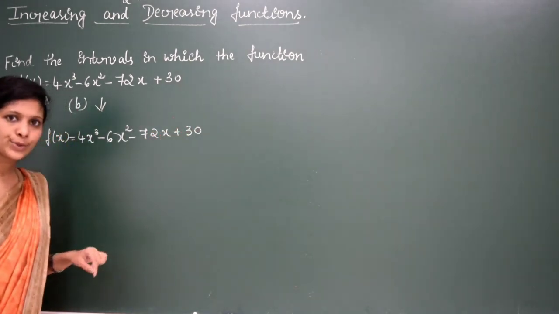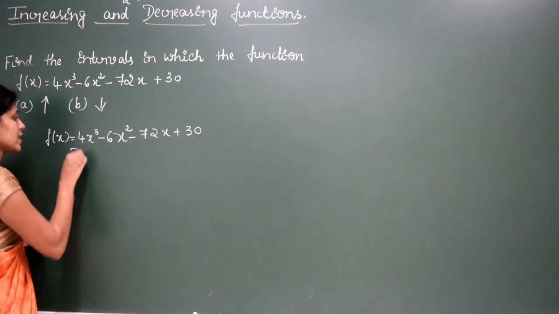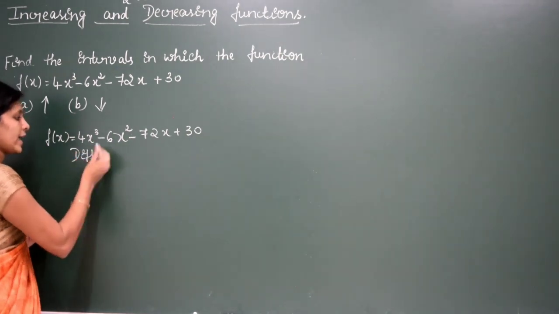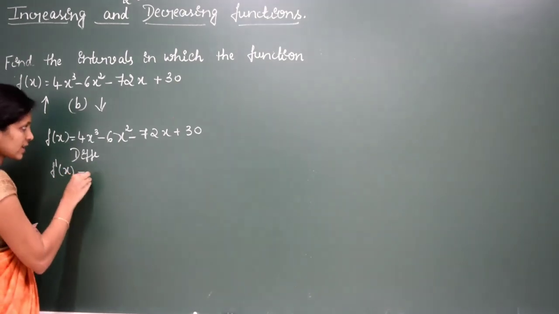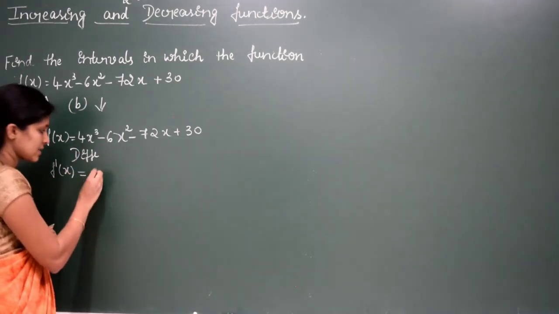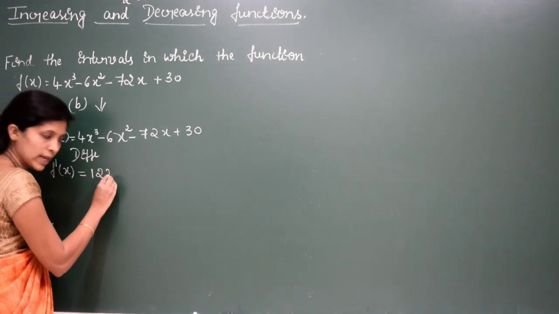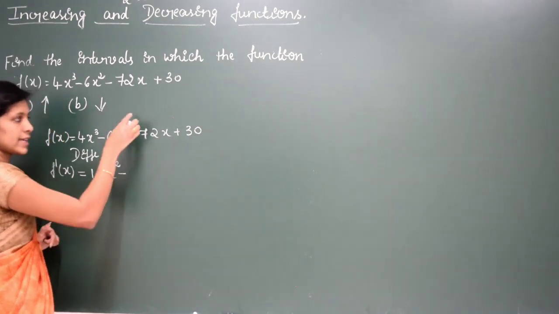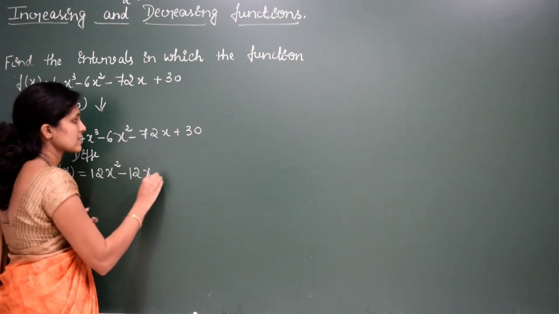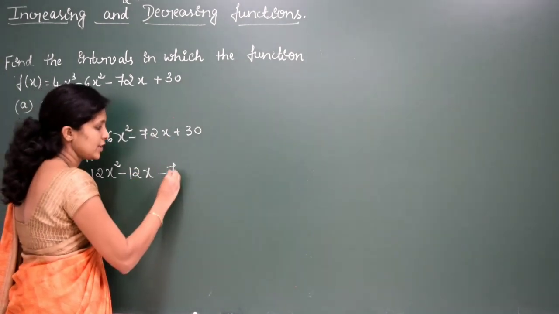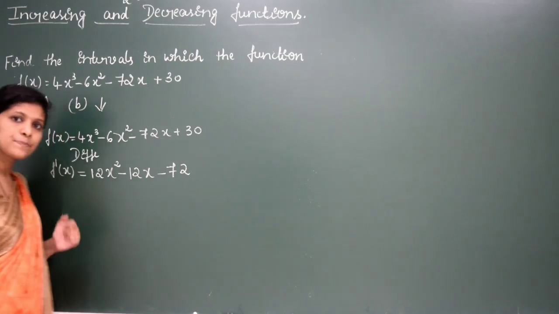First, what you have to do is differentiate the function with respect to x. So the derivative f dash of x is equal to, x cube gives 3x square, 4 into 3 will be 12x square, minus, x square gives 2x, 6 into 2 will be minus 12x, minus 72, and the derivative of 30 will be 0.